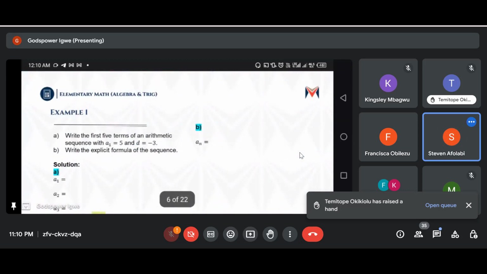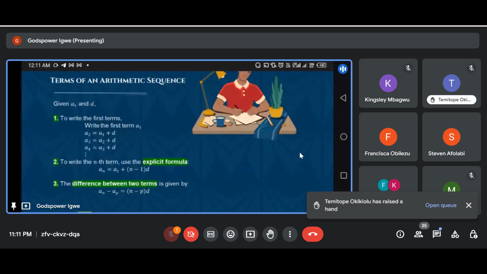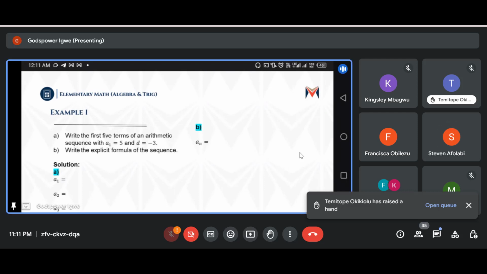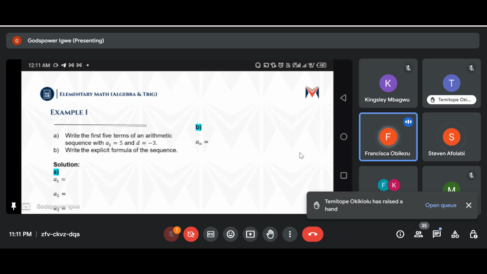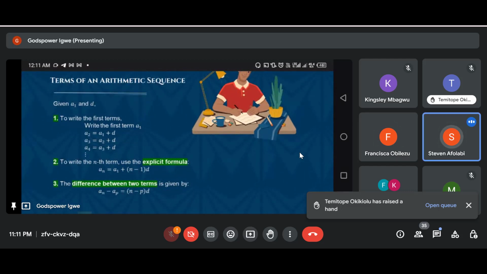Our n is 5, the fifth term. So a1 is 5, and both n and a1 are 5. That's our fifth term. Our fifth term is minus 7.